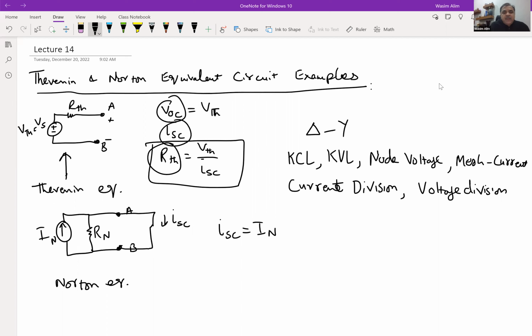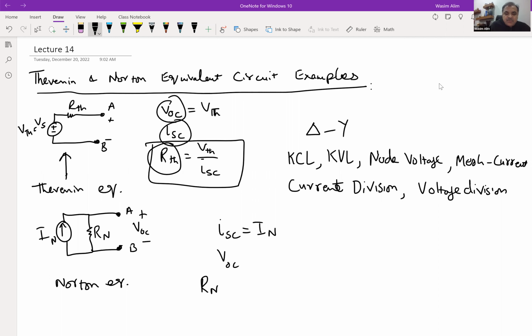And then you will find the open circuit voltage, and using these two quantities you can then determine the Rn, considering some of the quantities are unknown, right?